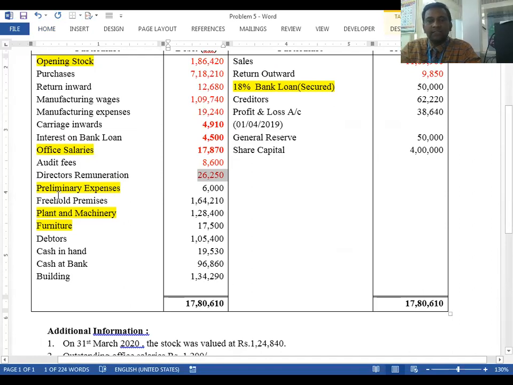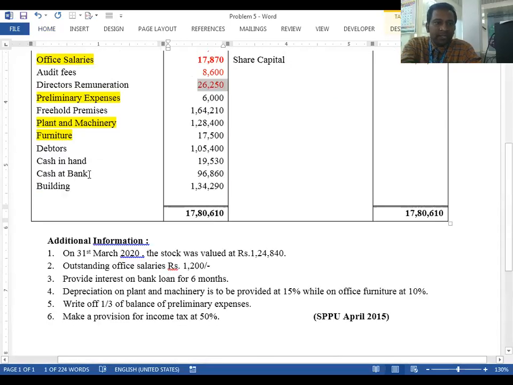Preliminary expenses. There is one adjustment regarding the preliminary expenses. Preliminary expenses are the expenses incurred at the time of establishment of the company.